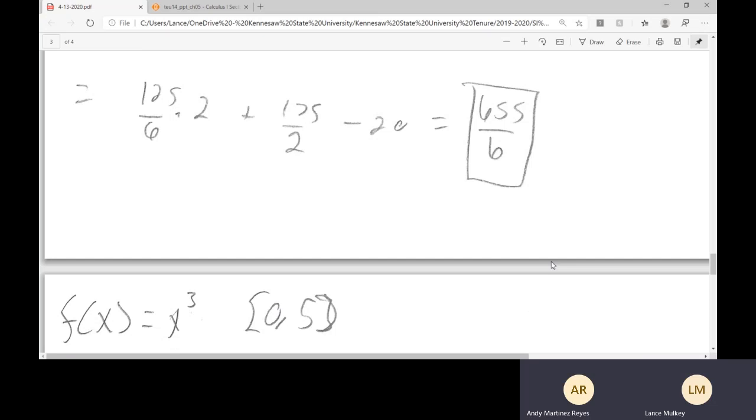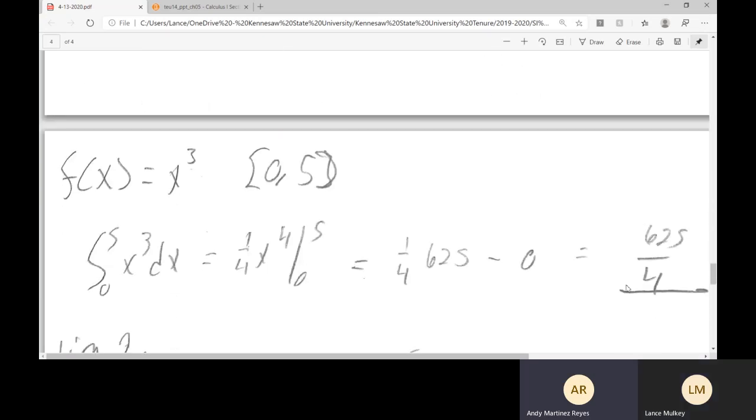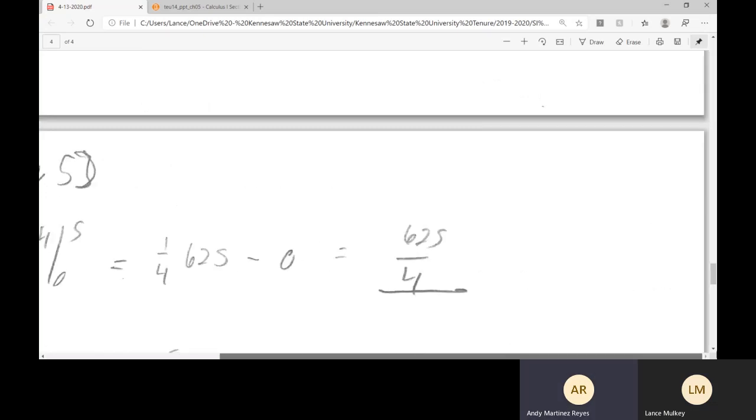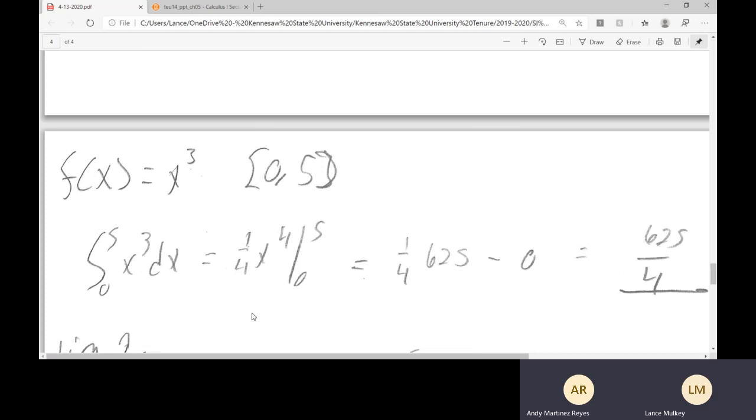Let's see what 20 is. It's like 390,000 over 4. How did you simplify it? It'd be 1/4 x to the 4th, right? Yeah. 0 to 5. So you get 1/4 times 5 to the 4th, which is 625.